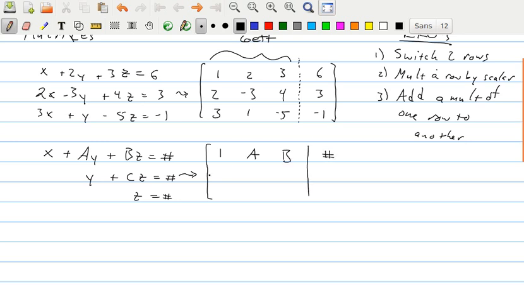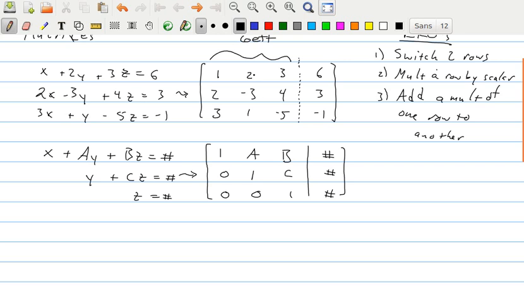In the second row, we want no x's, a y and then some number of z's equals whatever the right-hand side is. And for the bottom row, we want no x's, no y's, just z equals some number. Once we have it like this, we can translate it back into the system of equations and then do the back substitution method we'd done previously.